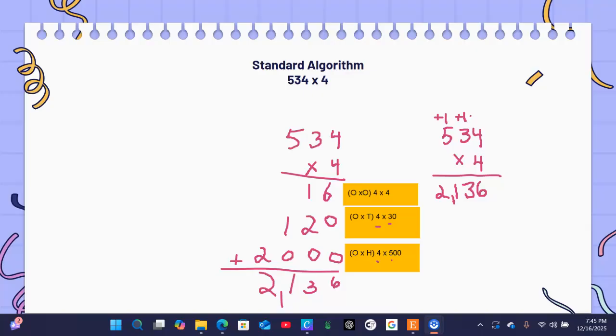The 6 goes at the bottom, but you're making a brand new group of 10. So you have to add that there. You're making a brand new group of 100. So you have to add that there. Where this one, you could just multiply each place value, break it apart, multiply it that way and add at the end. Okay, this one does not involve addition.